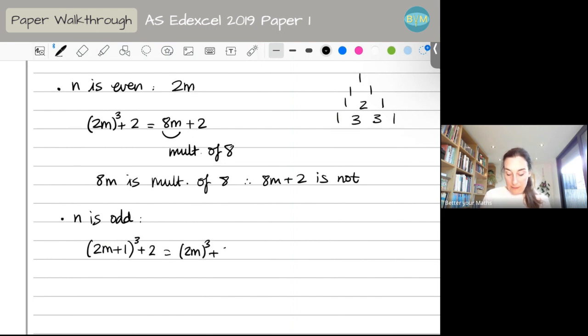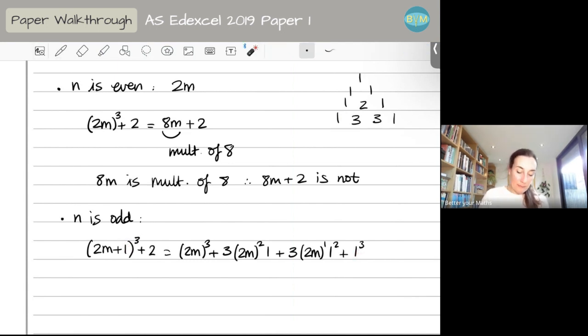Then the second coefficient with 2m to the power of 2 times 1. The next coefficient, 2m to the power of 1, and then 1 squared, and then the last coefficient, 1 cubed. When I say 1, this 1 is this 1. And then plus 2. This 2 is this one.